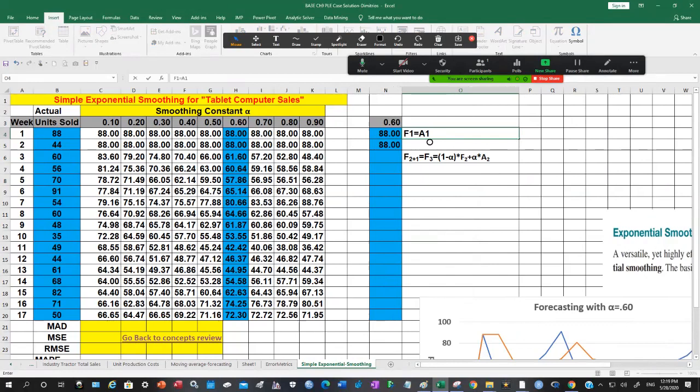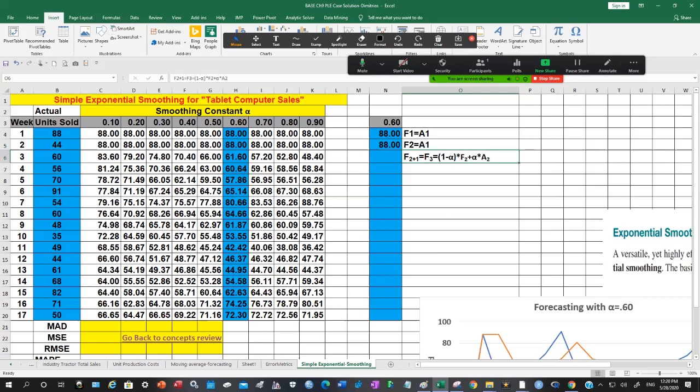A1 is 88, the actual in week 1. And so F1 is the forecast; we set it equal to A1. We do the same thing for the forecast value in period 2. We set that equal to the actual of period 1. This is so that we can get started.